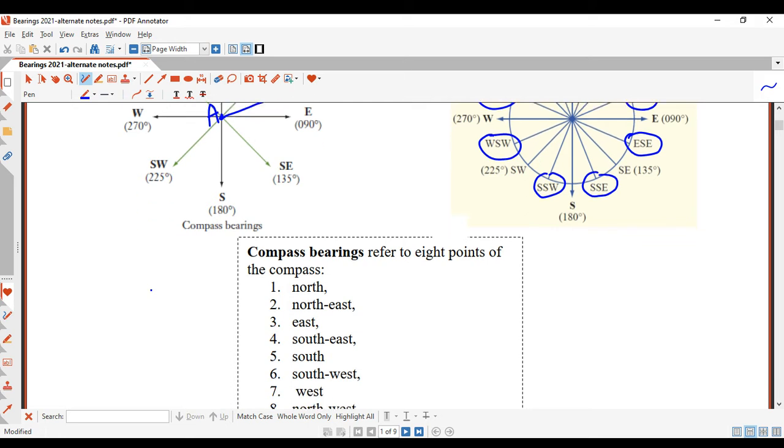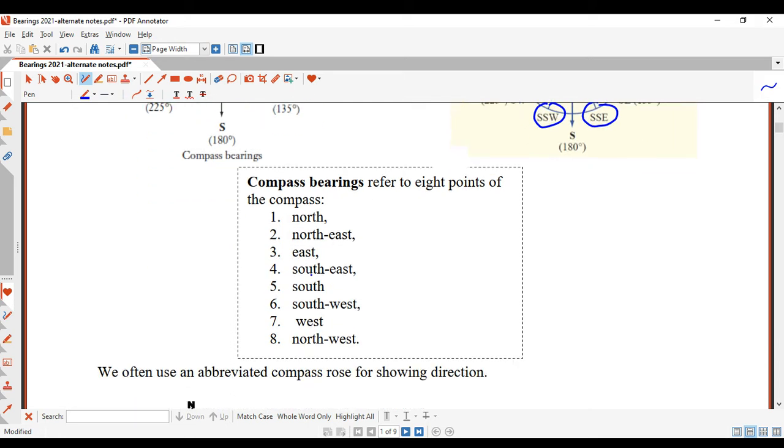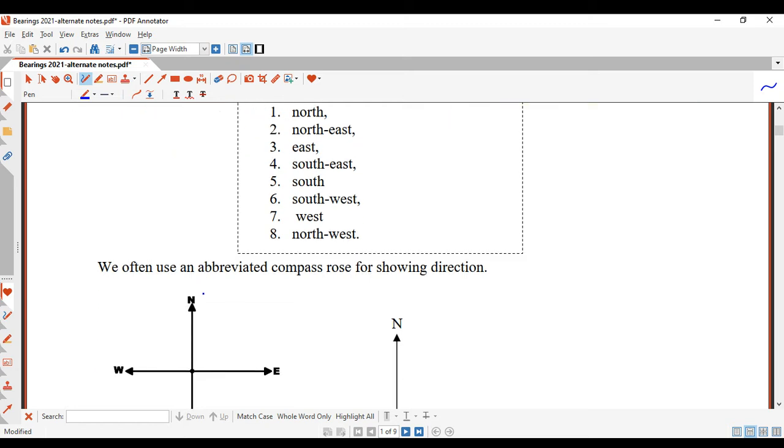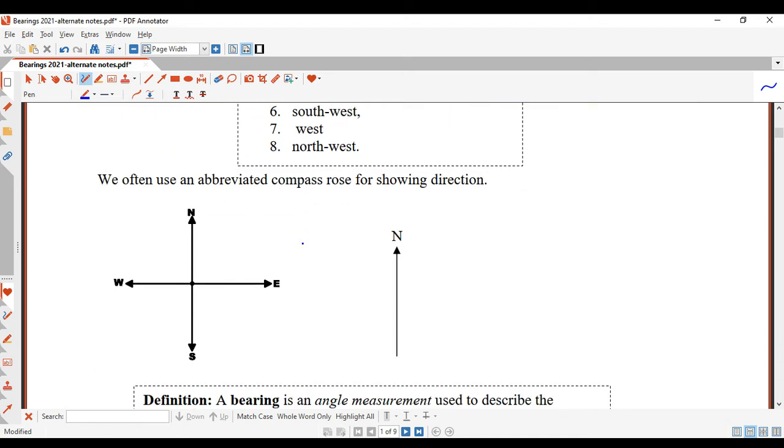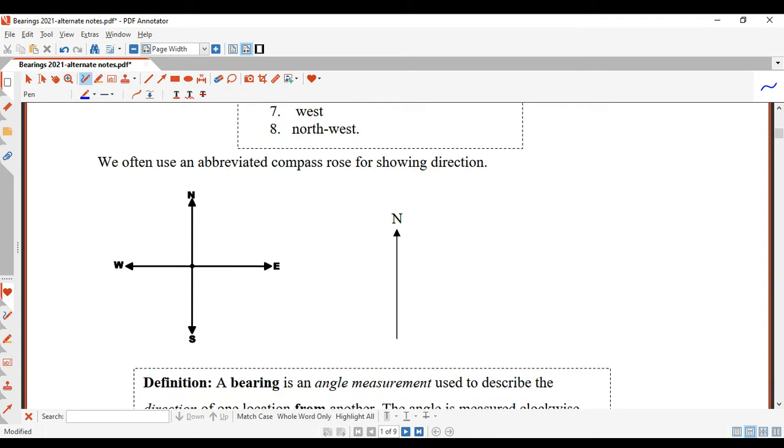Here's a list of some of those names: north, northeast, east, southeast, and so on. We often use an abbreviated compass because drawing all those lines is time consuming. Here's a cut down version just showing north, east, south, and west. And sometimes we just have a north arrow. That makes it even easier.